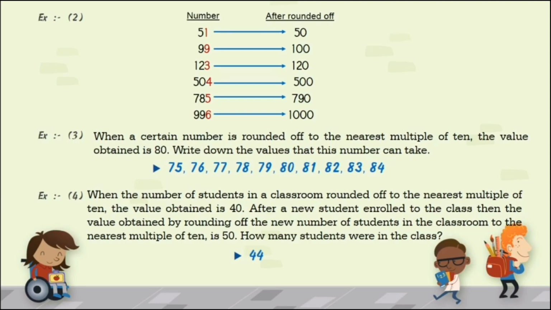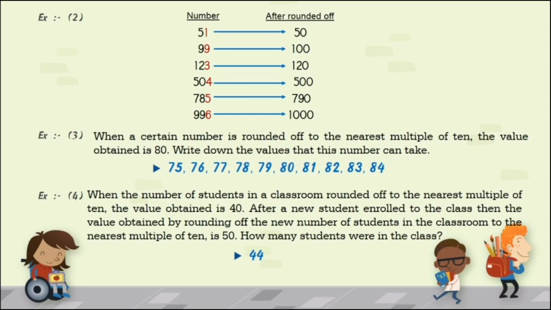We know when the rounded off value is 80, the first number should be 75, because the last digit of 75 is 5. So when we round off 75, we have to select the closest multiple of 10 which is greater than that number. So rounding off 75, the answer is 80.